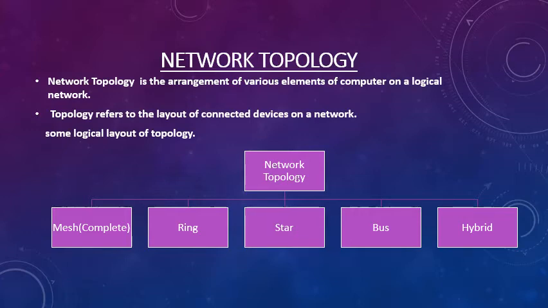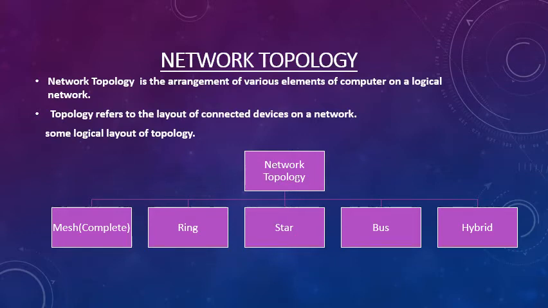Physical topology refers to the placement of computers or nodes, including device location and cable installation. Logical topology defines how data flows within a network irrespective of the physical topology.